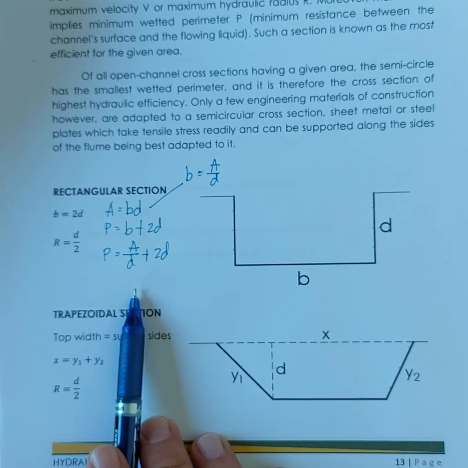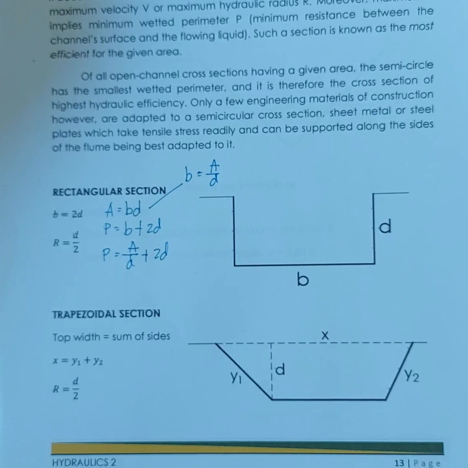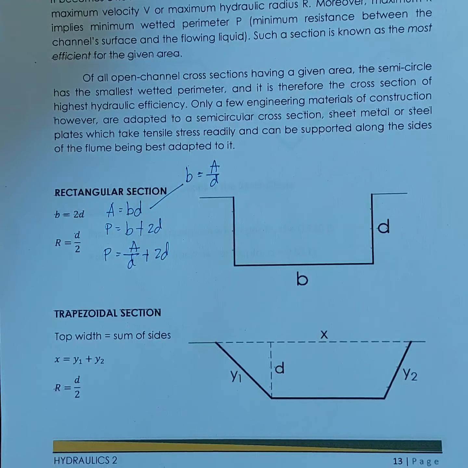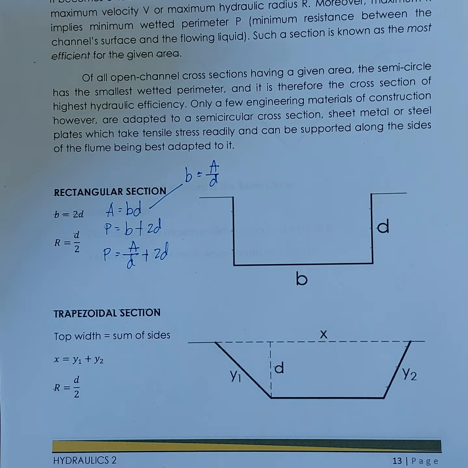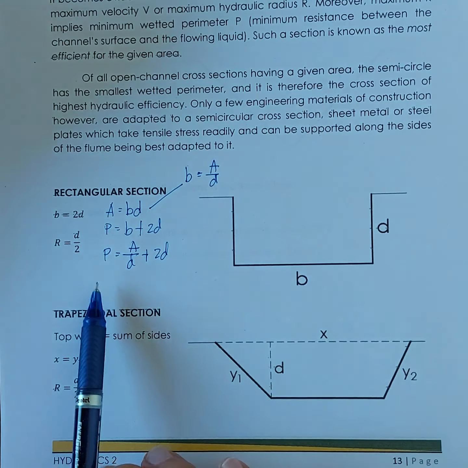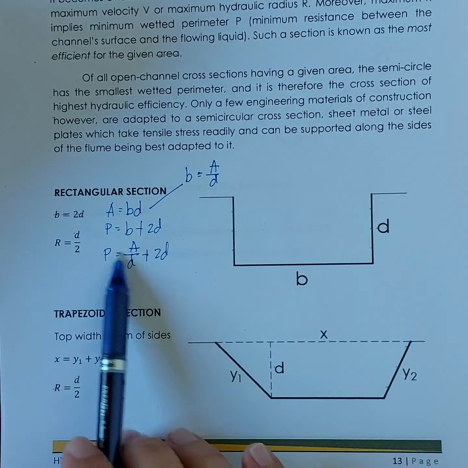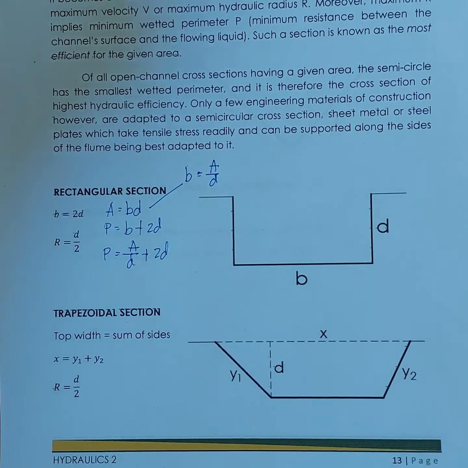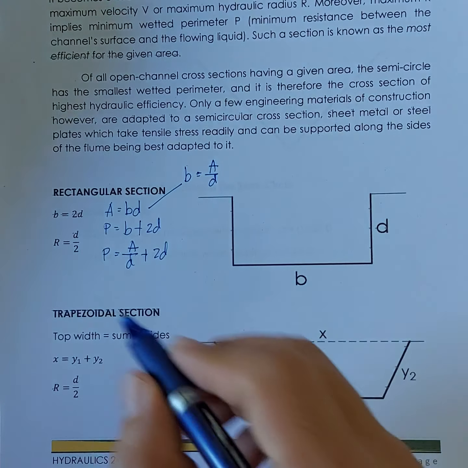And since we are solving for the section which has the smallest wetted perimeter, we're going to minimize the perimeter. And when we minimize, what do we do? We take the derivative and equate it to 0.